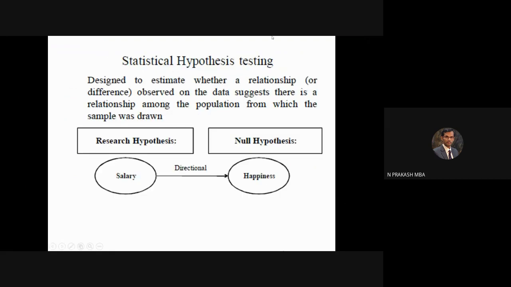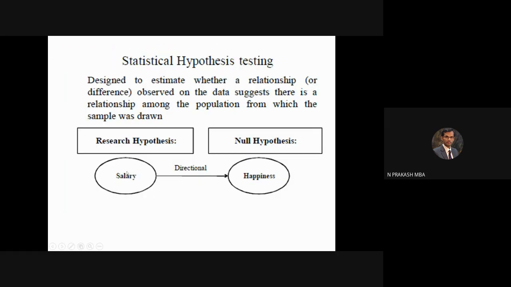Always the hypothesis will be framed in two ways. One we call the null hypothesis, where we state that the two variables do not create any significant difference between them. For example, take the impact of salary on the happiness of the consumer. The null hypothesis is that salary has no significant relationship with happiness.